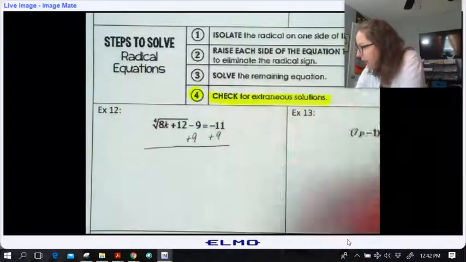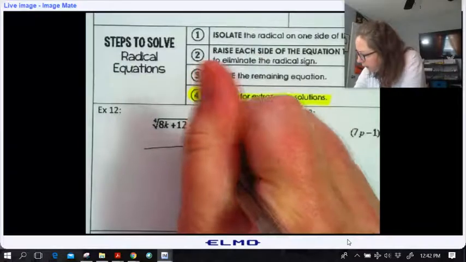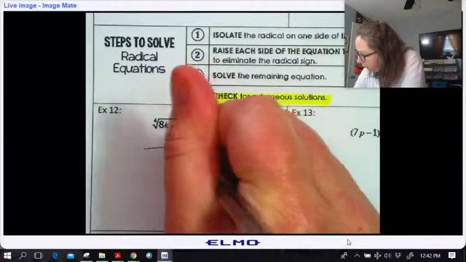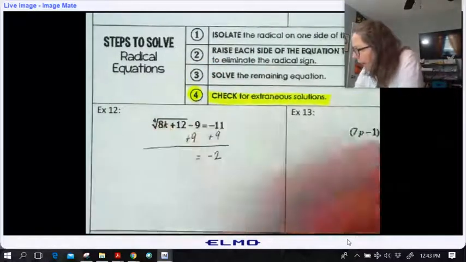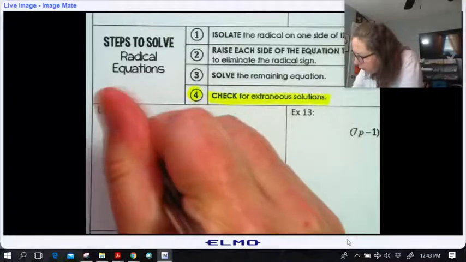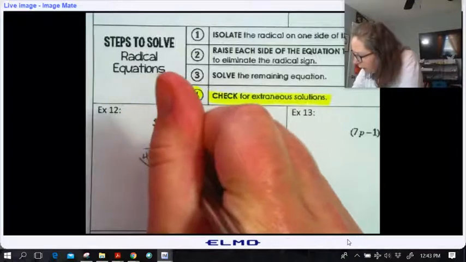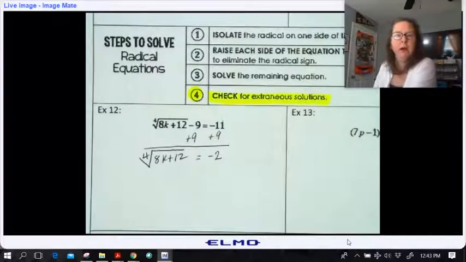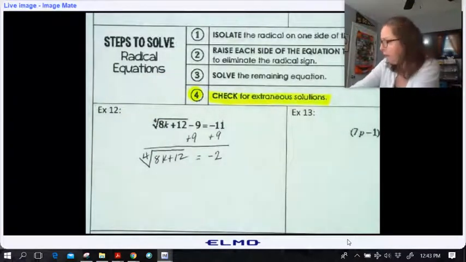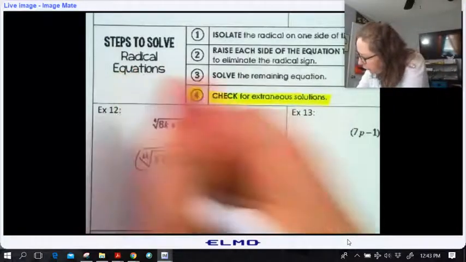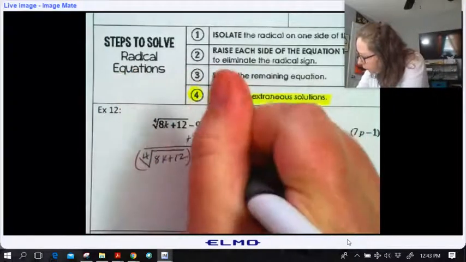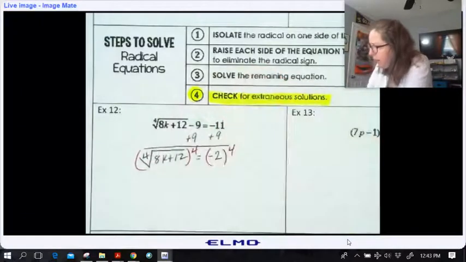Negative 11 plus 9 is negative 2. And then we've got our fourth root of 8k plus 12. All right, in order to get rid of that fourth root, I need to raise both sides to the fourth power.